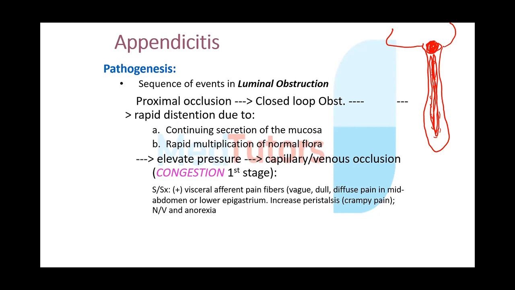So this vague pain that is felt is usually periumbilical because they have the same nerve roots, which is T10. Okay, the T10 is the same nerve root to the umbilicus.